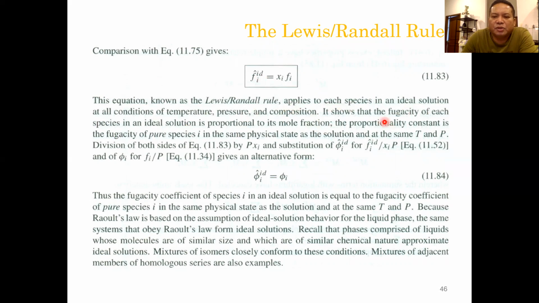It shows that the viscosity of each species in ideal solution is proportional to its mole fraction, this mole fraction here. The proportionality constant is the viscosity of pure species i. Okay, this is pure species i in the same physical state as the solution and at the same temperature and pressure.